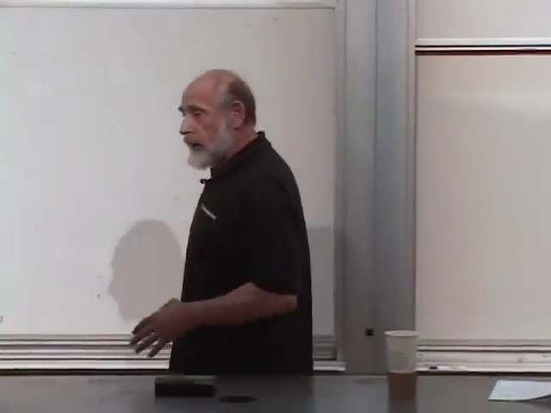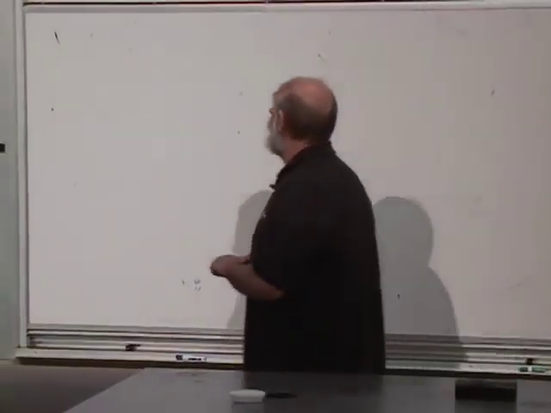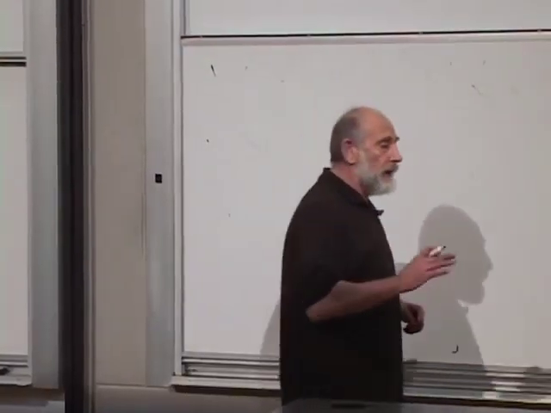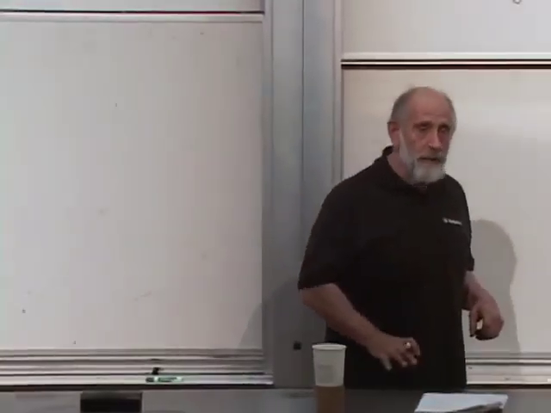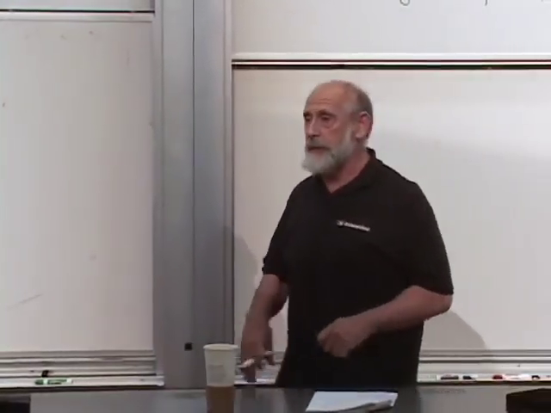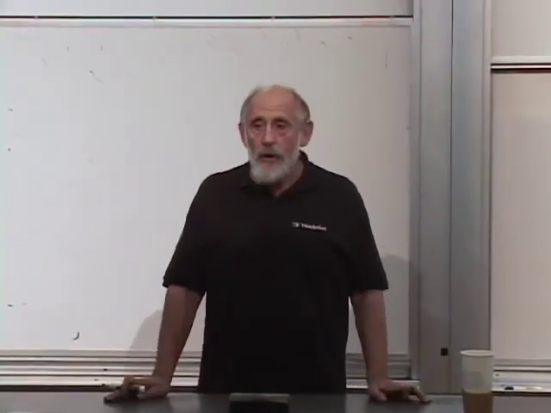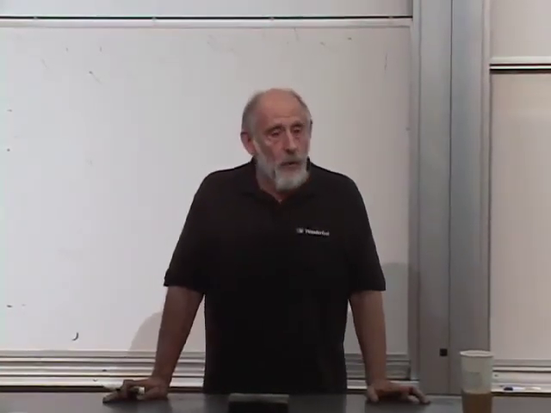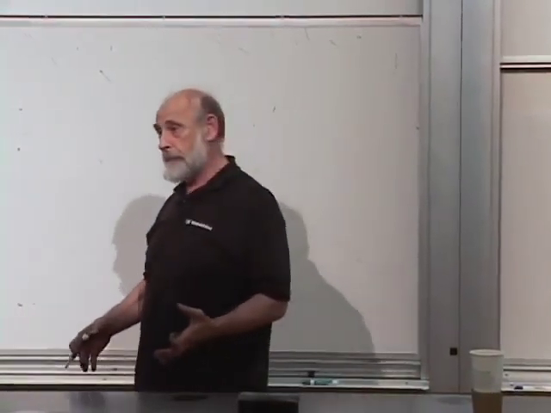First, let me just make some remarks about ordinary space. Even if I am not interested in curvilinear coordinates or curved space, all I'm interested in now is Cartesian coordinates, there are still more than one Cartesian coordinate system that we can use to describe space.